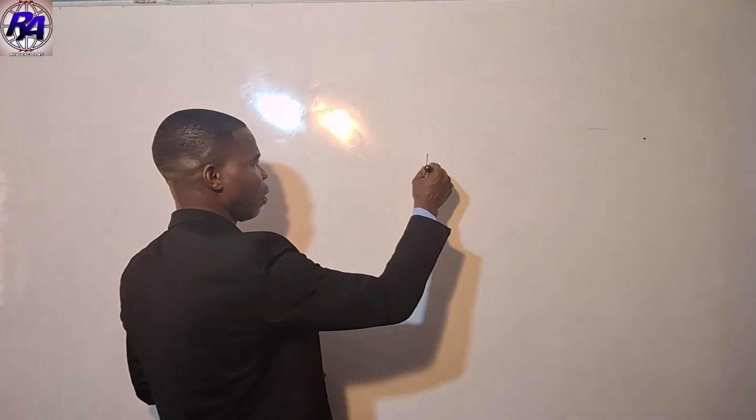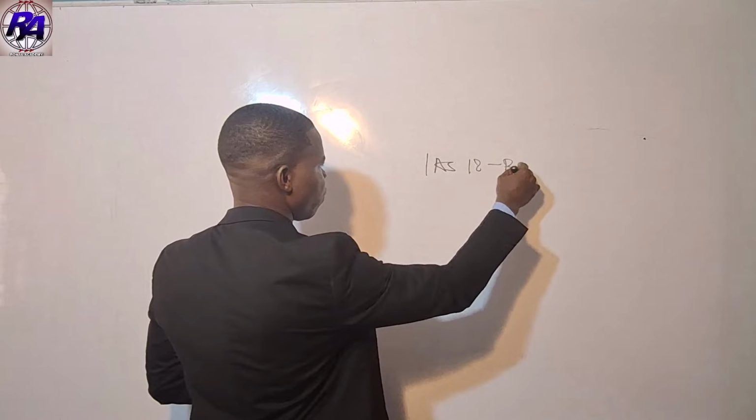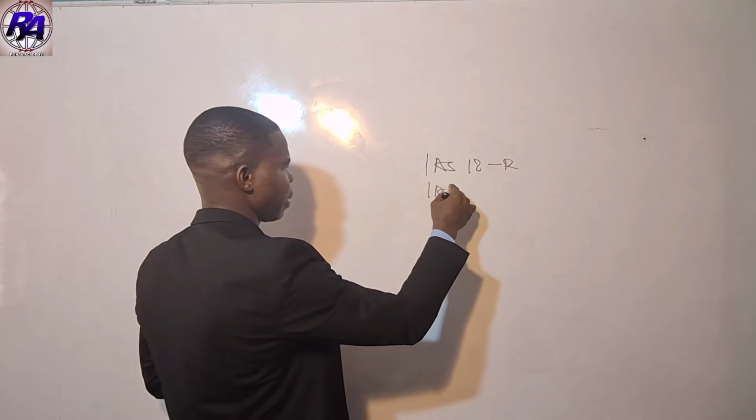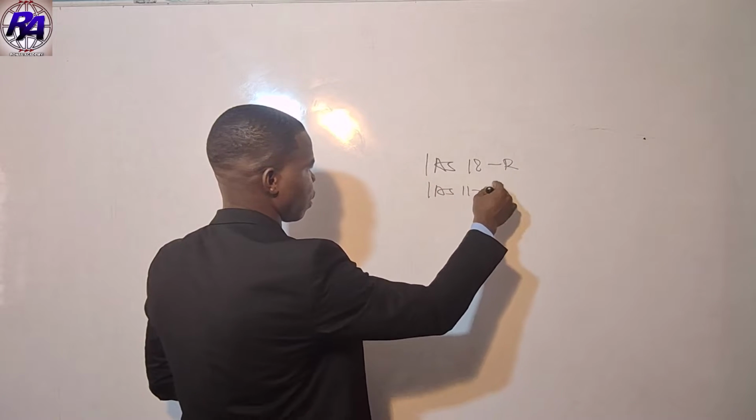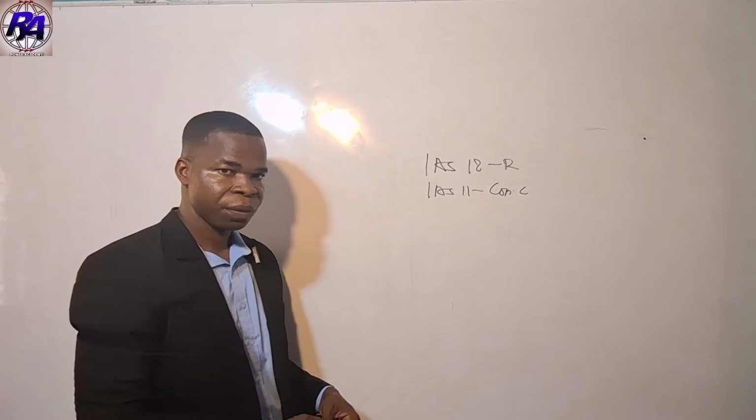Previously, we used to have a standard, which is IAS 18, which talks about revenue. And then we have IAS 11, which talked about construction contracts.